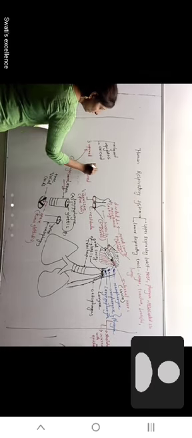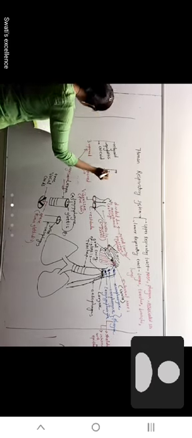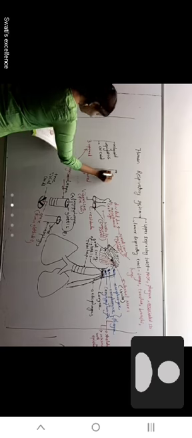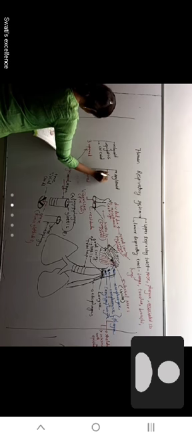But the 3 paired cartilages are, the first one is, sorry, 4. Arytenoid, corniculate, cuneiform.